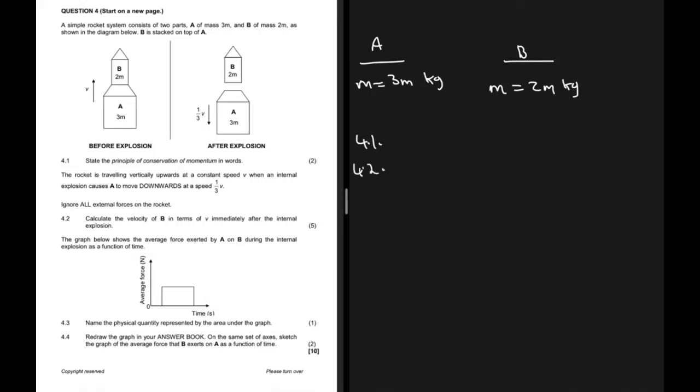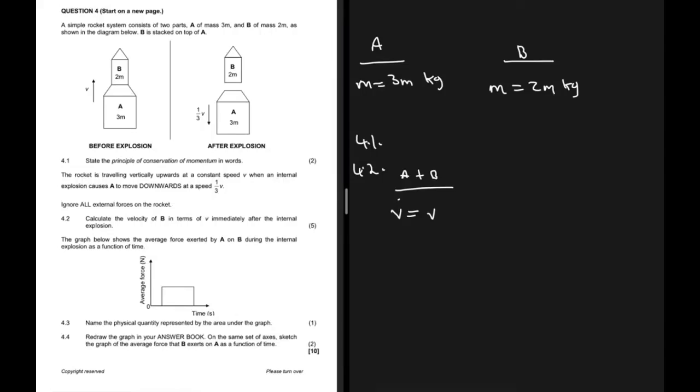And then 4.2 says the rocket is traveling vertically upward at a constant speed v. So let me write that down. A, when it's with B, their velocity is v, I'm sorry. When an internal explosion causes A to move downwards at a speed 1 divided by 3v.